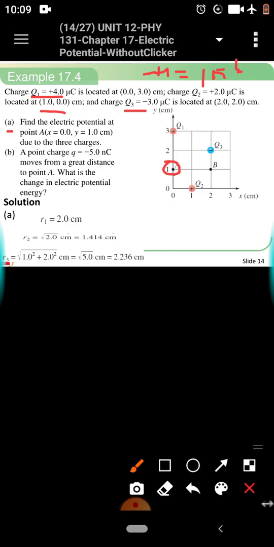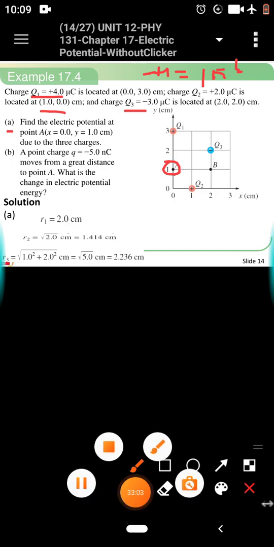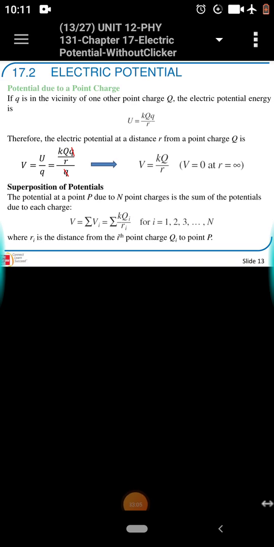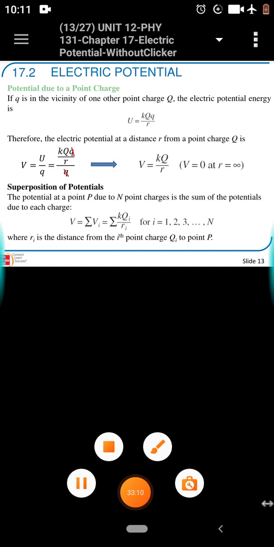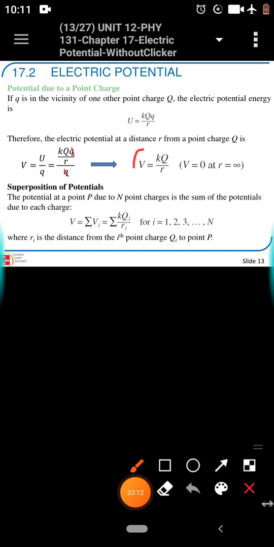So how do we do that? Remember the formula. You must note this formula for potential. Now we're talking about electric potential, not electric potential energy.